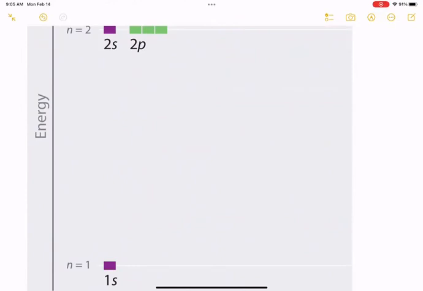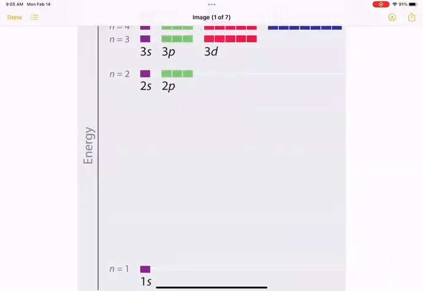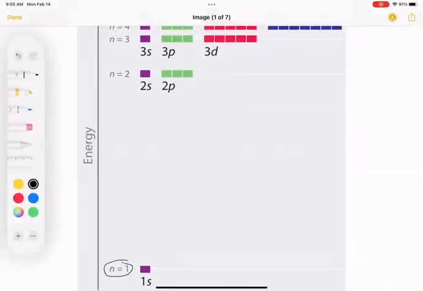You will notice that N of 1 is listed first. Then we go to 2, and the 2s and the 2p are of the same energy. Then we go to N equal to 3, and the 3s, 3p, and the 3d are all of the same energy.